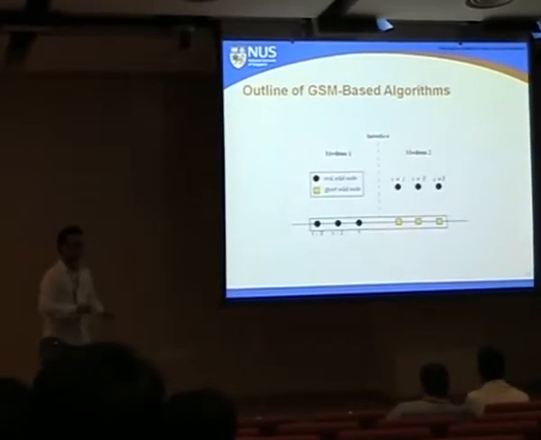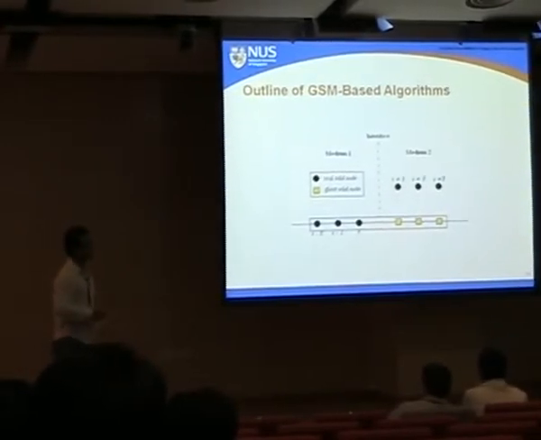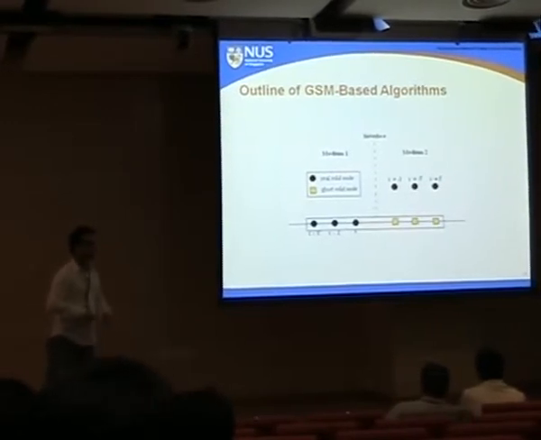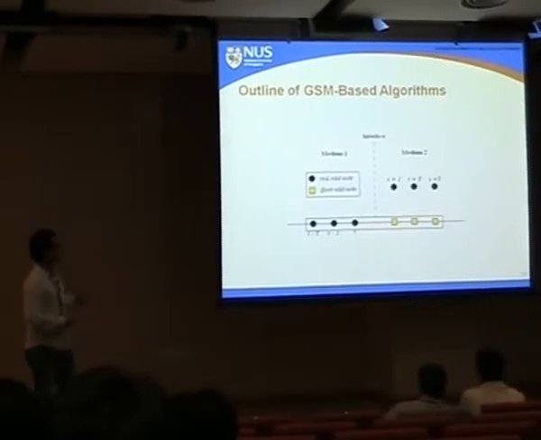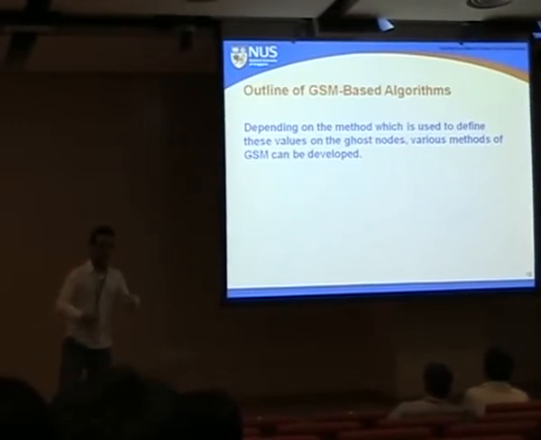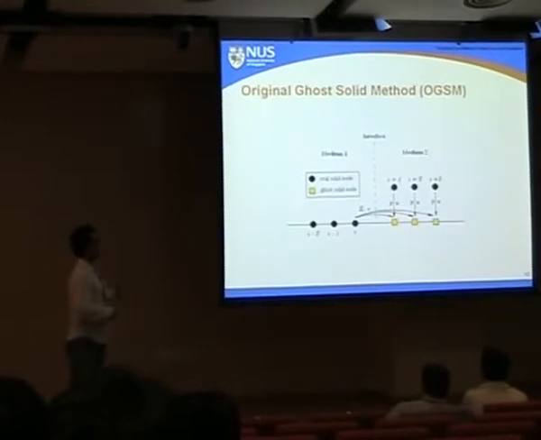These ghost nodes do not physically exist in my problem. I define them to be there just to fit the numerical code so that I can easily use it. Depending on how I define these ghost nodes, different methods of ghost solid methods can be obtained.